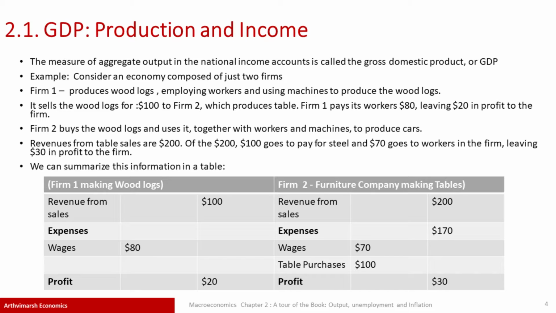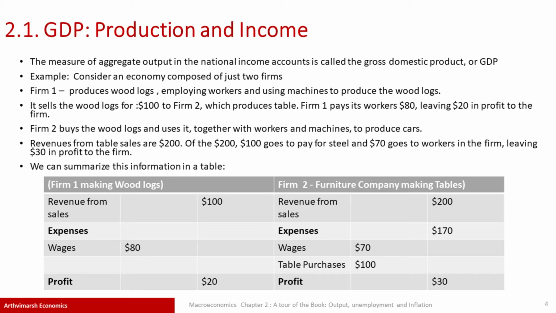Some thought suggests that the right answer must be $200, and the reason for this is that the wood logs being supplied by firm 1 are an intermediate good. That is, they are used in the production of the tables.